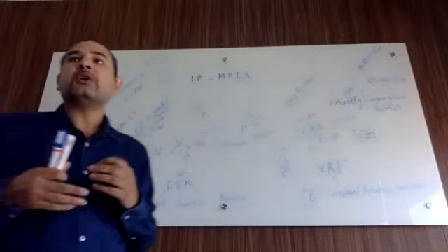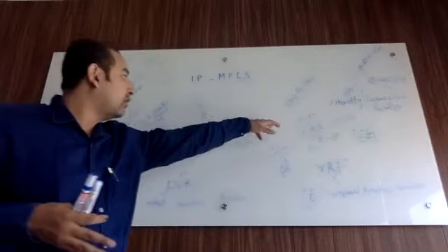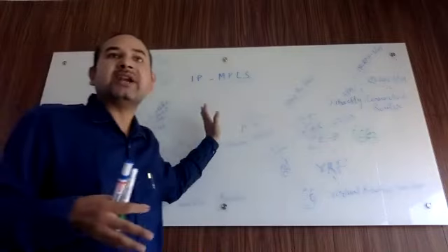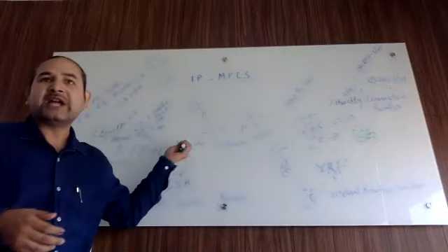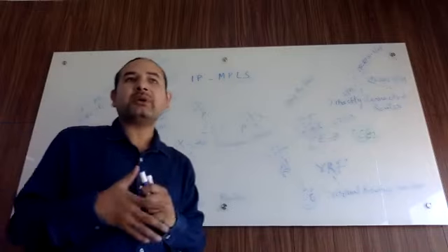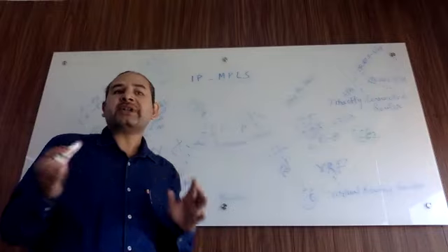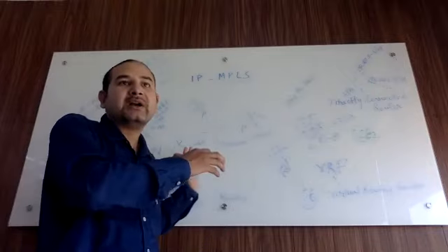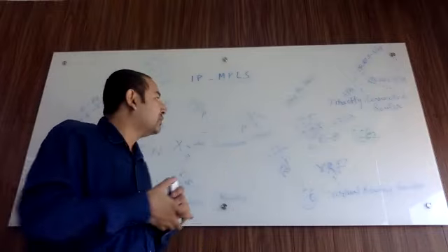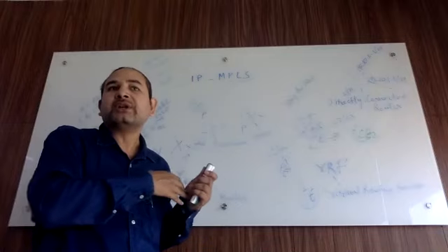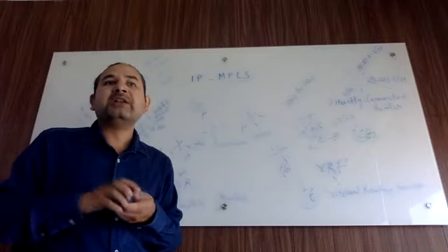So that is more on MPLS functionality, how it happens inside this network. I will not go deep into that because you are more inclined towards the software part of it. I want you to understand at a high level how it works. I would not expect you to know how the labels are switched, or how to check the label information database.